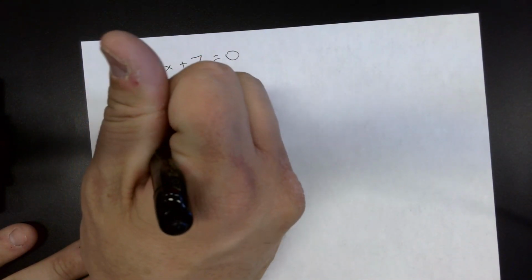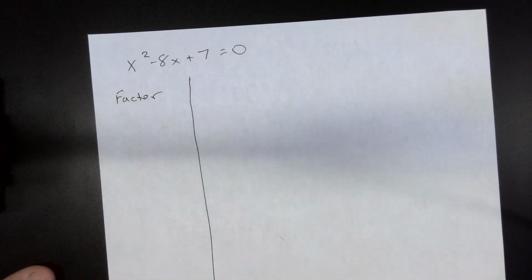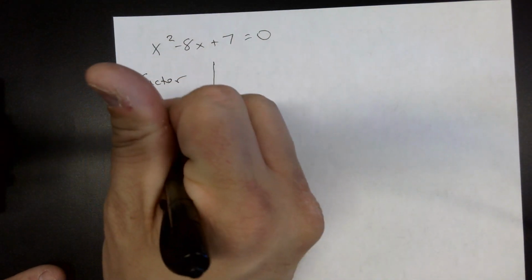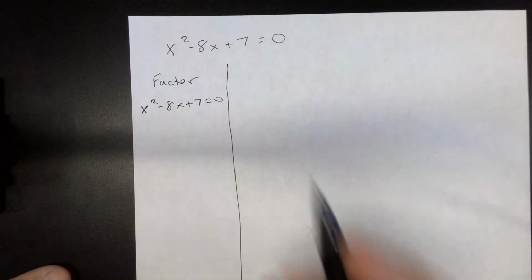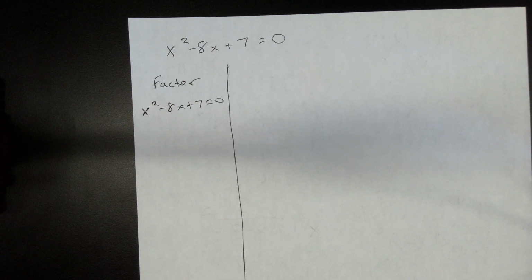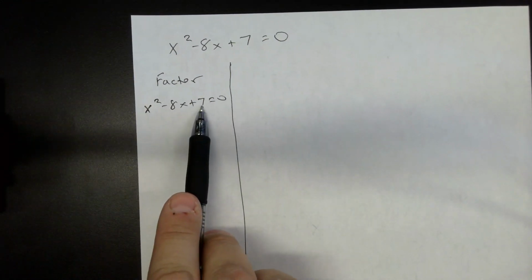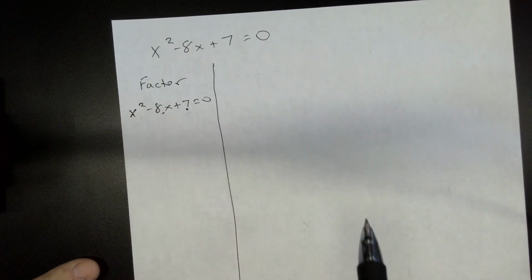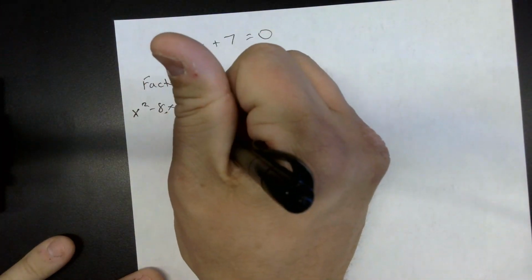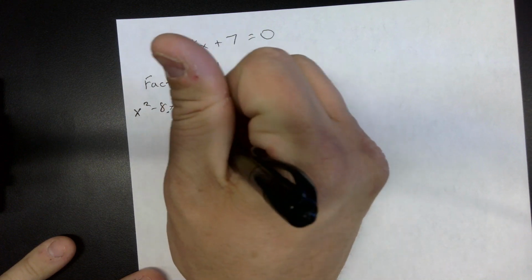I'm going to factor it. So factoring is going to look like this. X squared minus 8x plus 7 equals 0. The way you factor is you have to find 2 numbers that multiply together to be C and add together to be B. What are they? -7, -1.